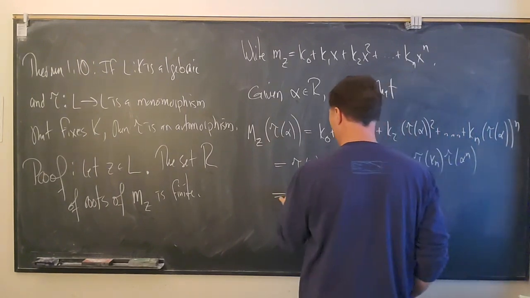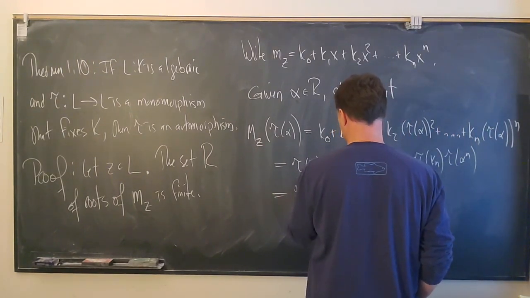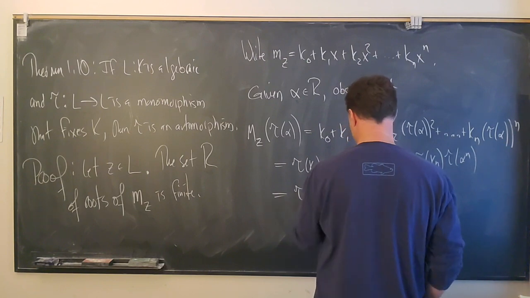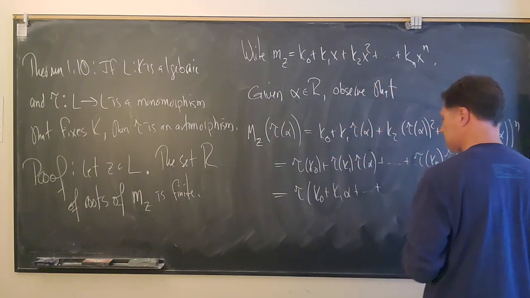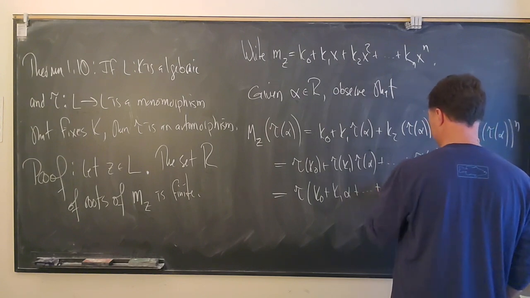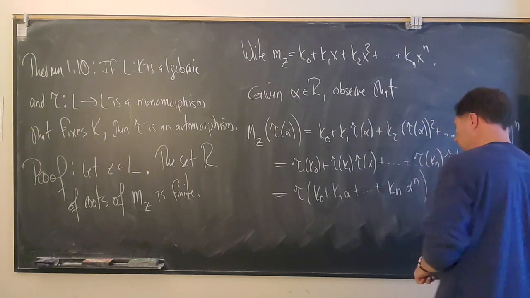So this is tau of k0 plus k1 alpha plus dot dot dot plus kn alpha to the n.